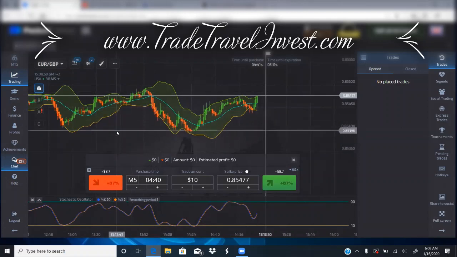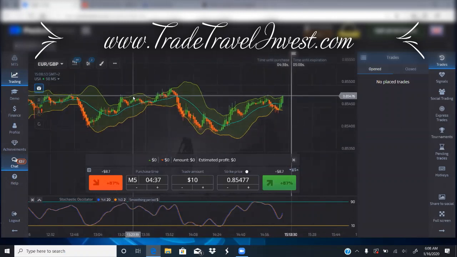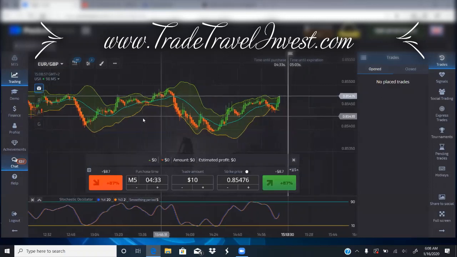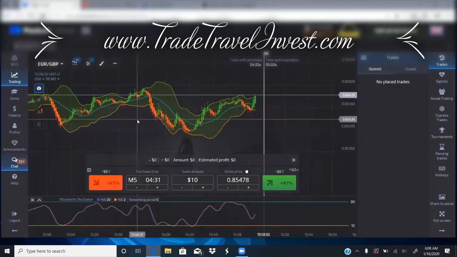We're almost back up to this reversal area up here, so we might have an entry on Euro GBP.